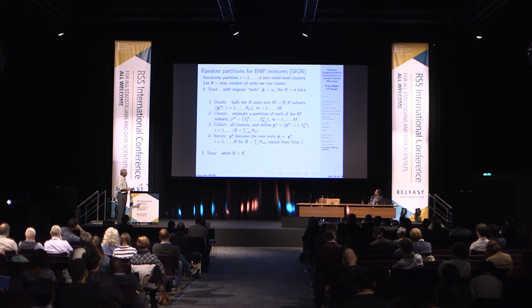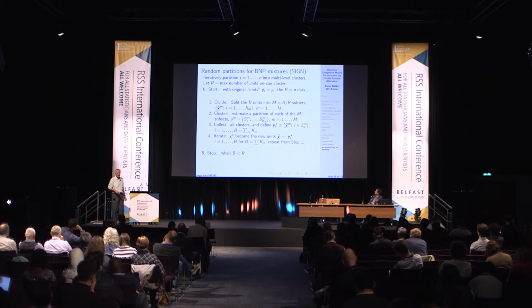Then the classes that we get, we collect them all together, and those become our new experimental units, call them Y star at this moment. Then the Y star become the units Y tilde for the next iteration. We keep iterating as often as we need until we are in a situation that we can carry out the model-based clustering in one go, and then we are done.